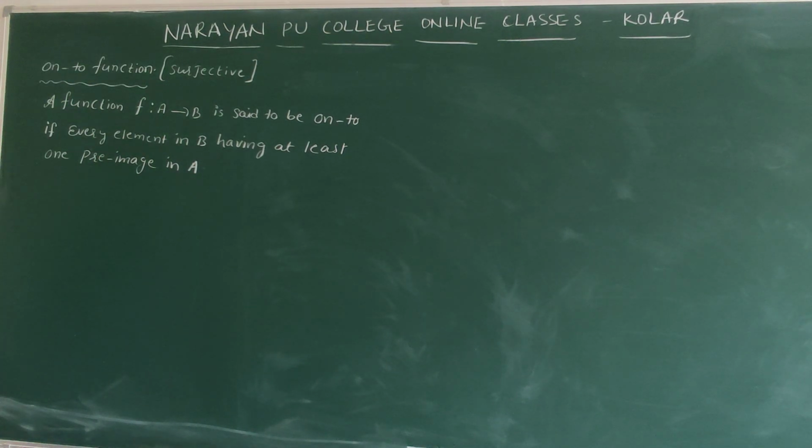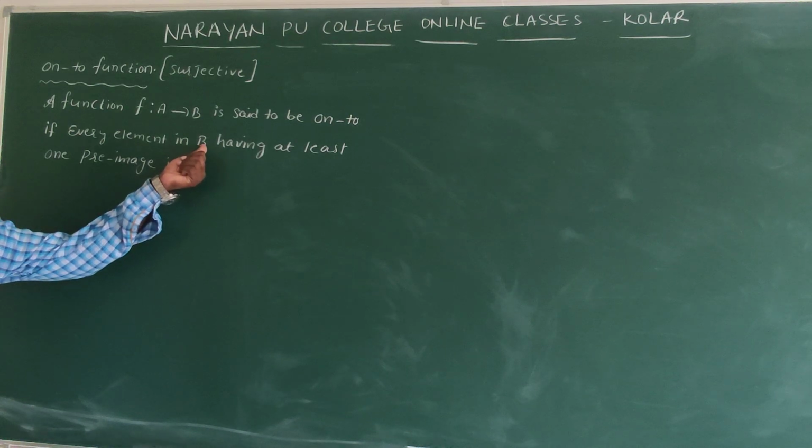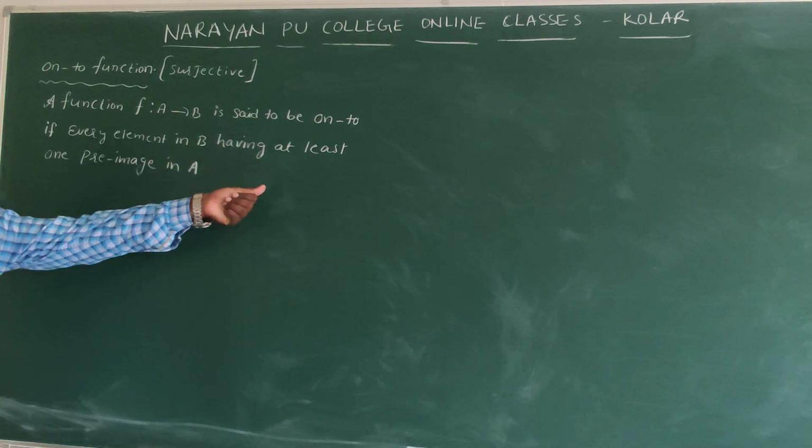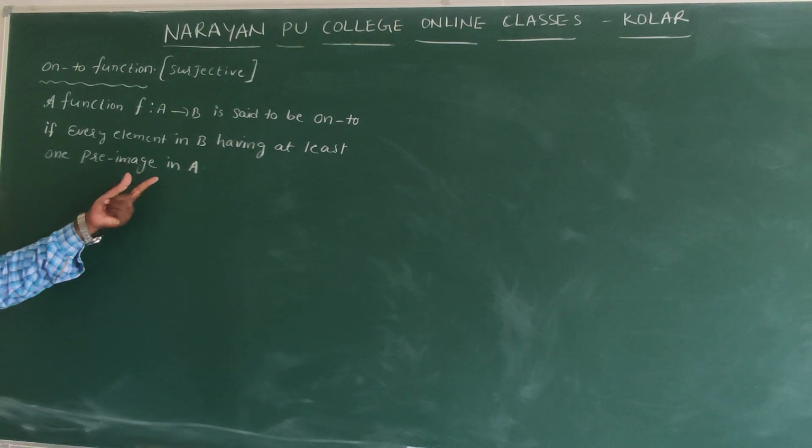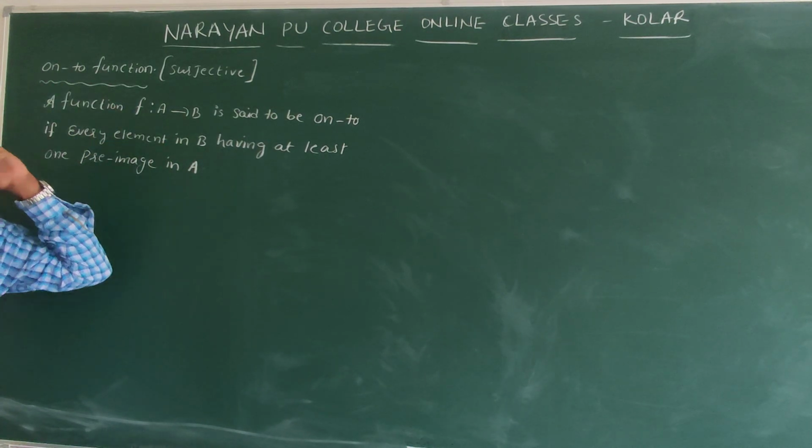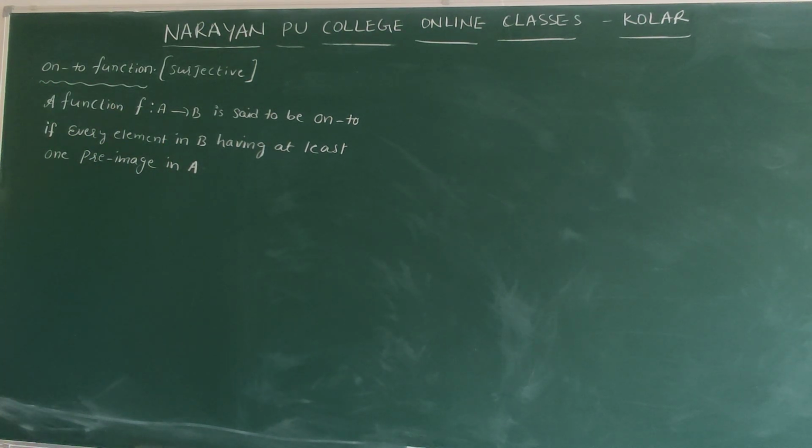Listen, every element in codomain having at least one preimage in domain. So this is called onto function.